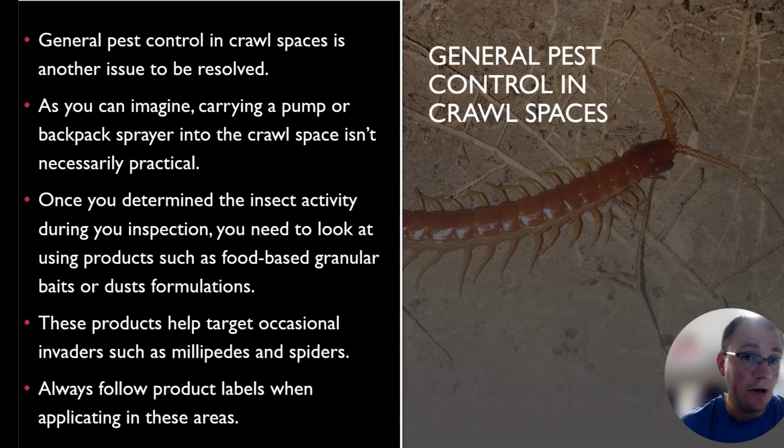We mentioned earlier that BoraCare can be a great product for insects in the crawl space as well. Definitely something you might want to look into. And keep in mind, you're always going to need to follow the product labels. So anytime you look at doing something in a crawl space, look at the label of the product. Make sure of what the precautions are so you don't get yourself and the homeowner in a bad situation.